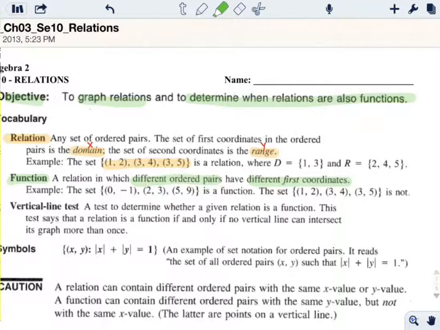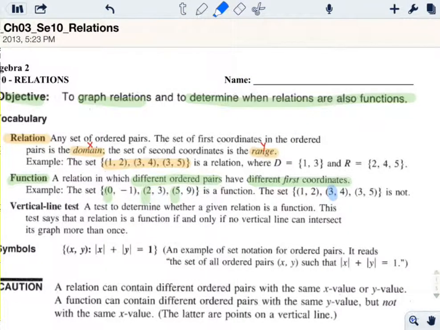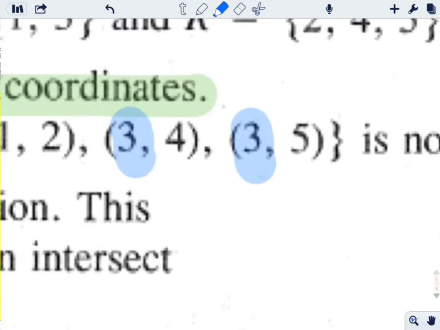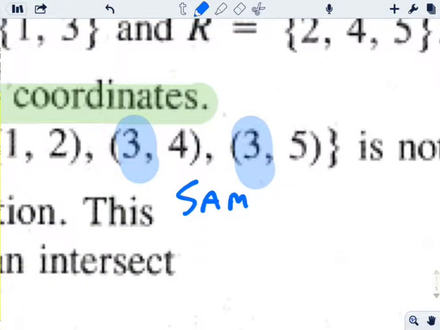Okay, so the example that we have here, (0, -1), (2, 3), and (5, 9): 0, 2, and 5 are all different. However, if we look at the second one, 3 and 3 are the same. Since they are the same, it means it's not a function.